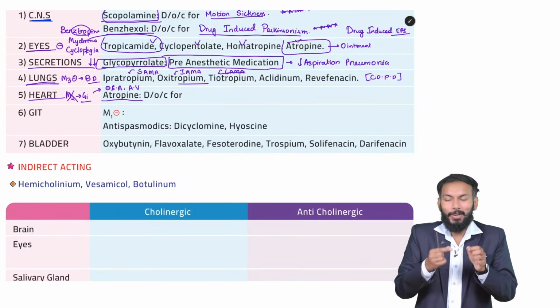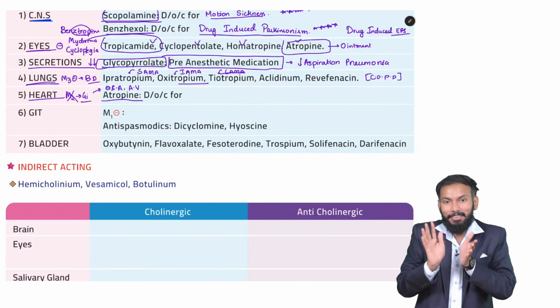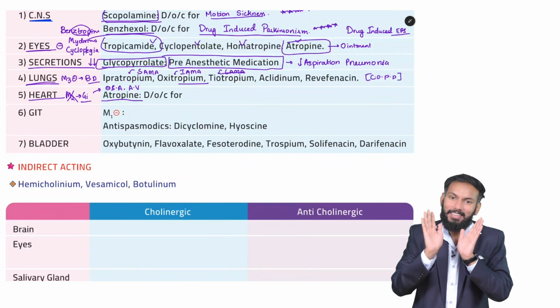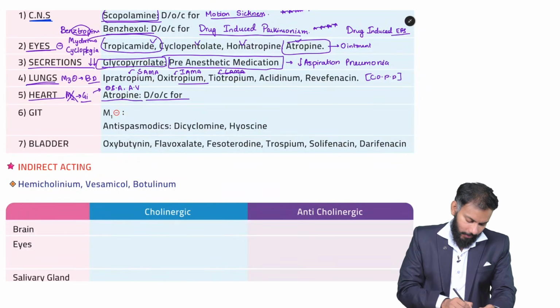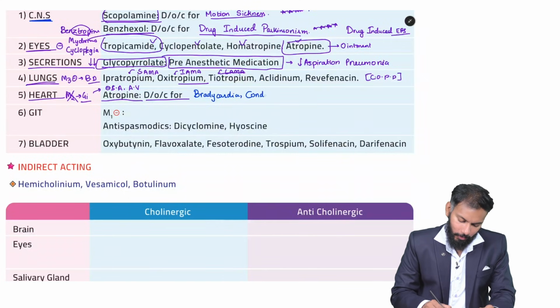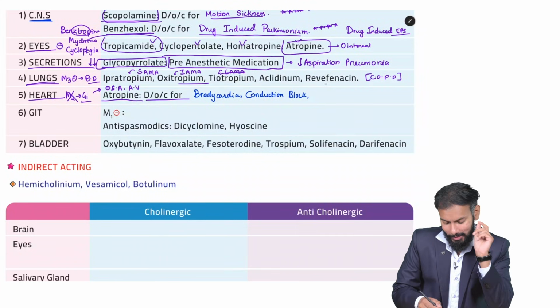If it blocks M2, it is blocking the blocker. So, the blocking effect on the SA node and AV node is lost, and it will cause tachycardia and increased conduction. So, it can be used in bradycardia. Do you accept? Why? Because it is causing tachycardia. It can be used in conduction block. Do you accept? Yes. Why? Because it is increasing the conduction.